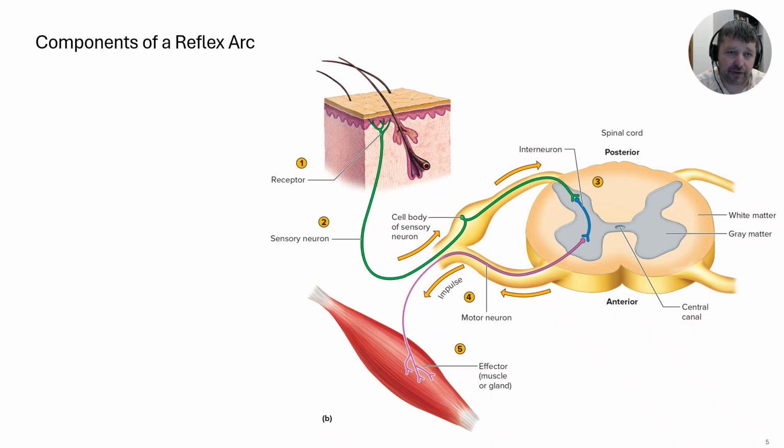That cell body in the ganglia, the chemistry in that cell body will change. That action potential will be sent away from the ganglia to the posterior horn. Okay, that's where the sensory is coming in. Okay, that will synapse, and it'll send from the posterior to the anterior horn.